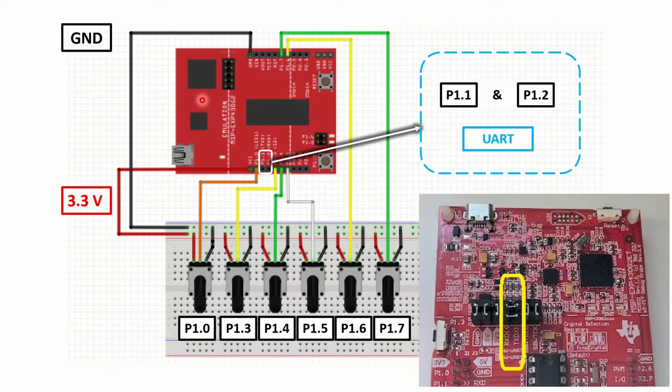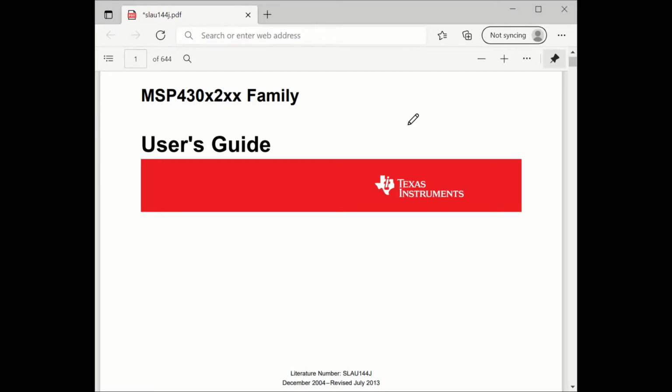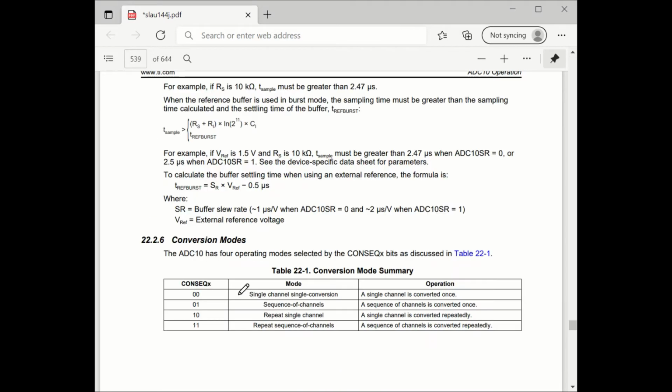Now let's quickly see how the multiple ADC conversion is done in MSP430. In the MSP430 Family User Guide, literature number SLAU144J, let's go to page 539 for conversion modes in the ADC10 module. In our previous video, we had done single channel single conversion, and it was sufficient to constantly use the value of the ADC10MEM register in order to observe the single channel.